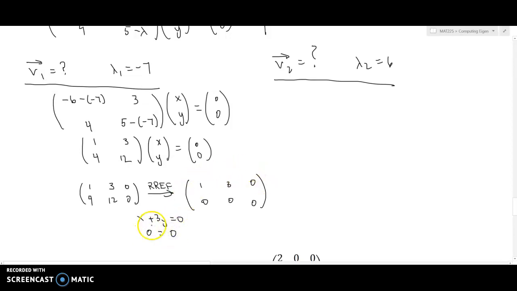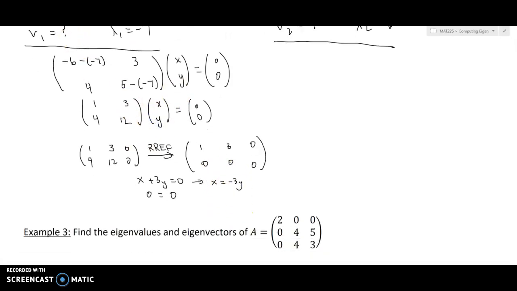So, again, here we see that y is a free variable. X just has to equal negative 3y. So we'll say that y is free. Let y equal c. And so then our eigenvector v1, our x and y components: y is going to be some constant, and x has to be negative 3 times that constant.